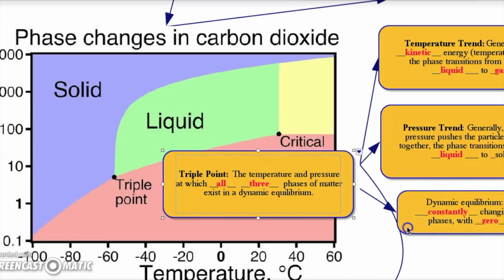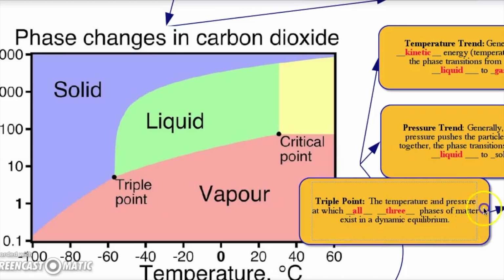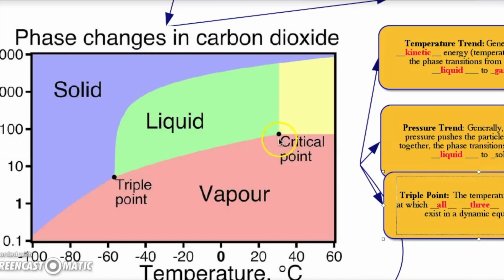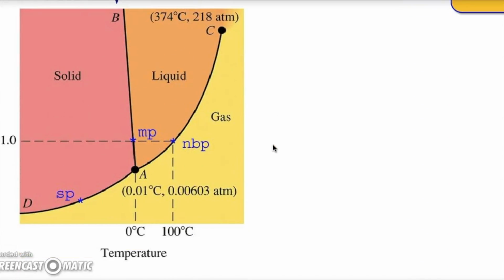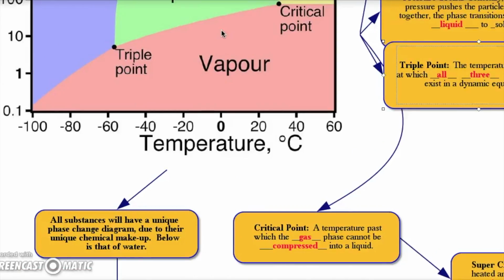The other thing that's marked on a phase change diagram is what's called the critical point. And often when you look at these, and you can see it here, this is the phase diagram for water, the line between liquid and gas, our evaporation condensation line, eventually it just stops, and it's marked with a point. That point where the line stops between liquid and gas, that's called the critical point.